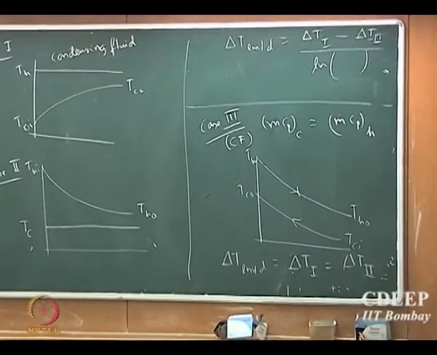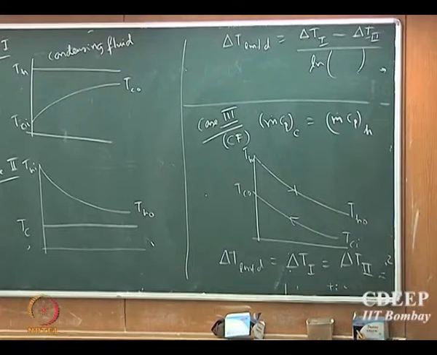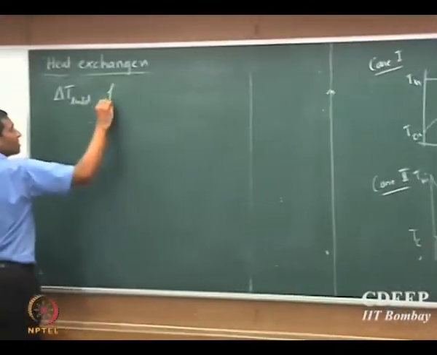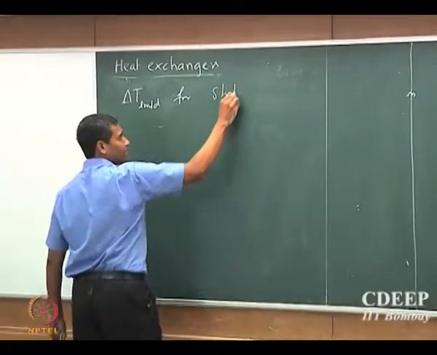Next we are going to look at the delta T LMTD for a shell and tube heat exchanger.